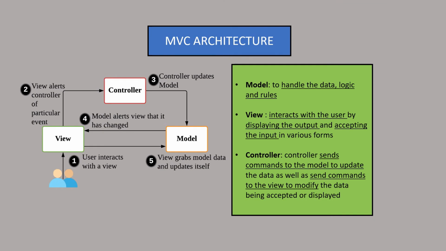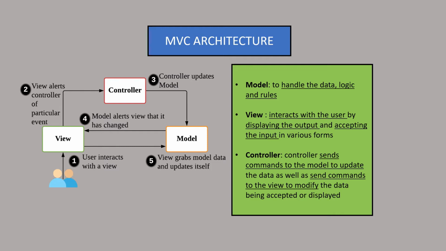Model view controller architecture. The model handles the data logic and rules. The view interacts with the user by displaying the output and accepting the input in various forms. The controller sends commands to the model to update the data, as well as sends commands to the view to modify the data being accepted or displayed.